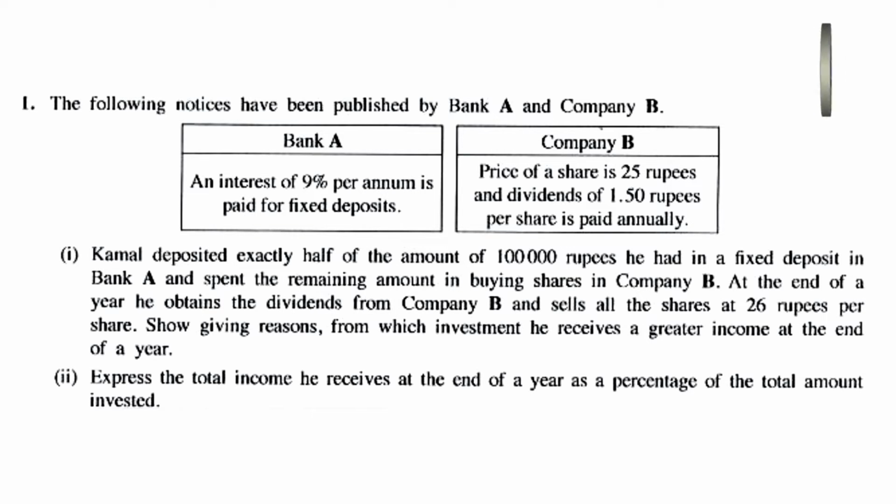The part 1 of the question. Kamal deposited exactly half of the amount of 100,000 rupees he had in a fixed deposit in Bank A and spent the remaining amount in buying shares in Company B. At the end of a year, he obtains the dividends from Company B and sells all the shares at 26 rupees per share.